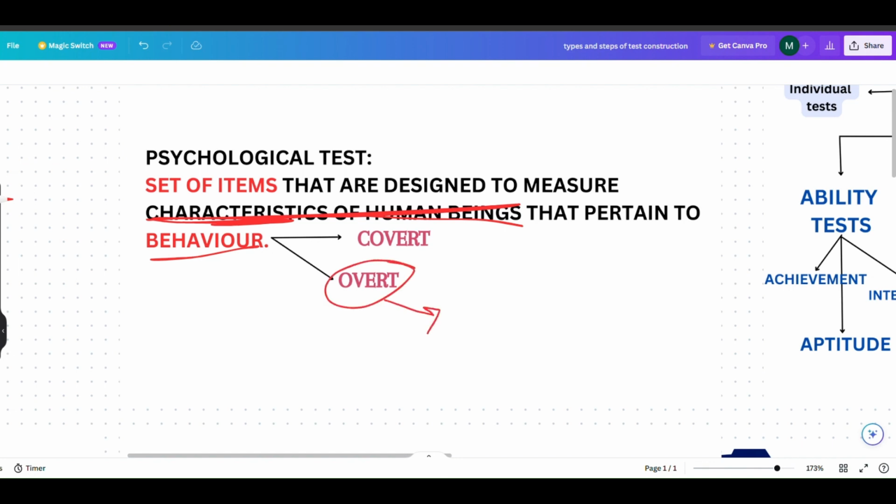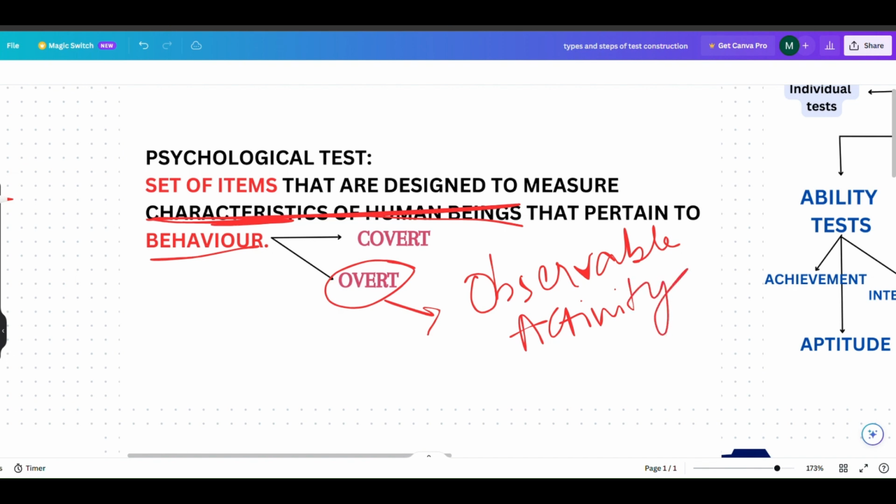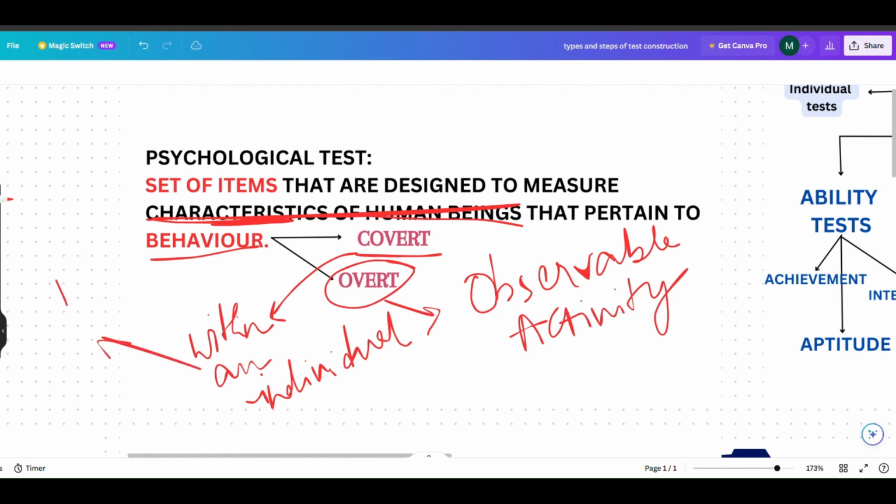Overt behavior is the observable activity of humans, while covert is something which takes place within an individual. Now, this could be either feelings or thoughts.